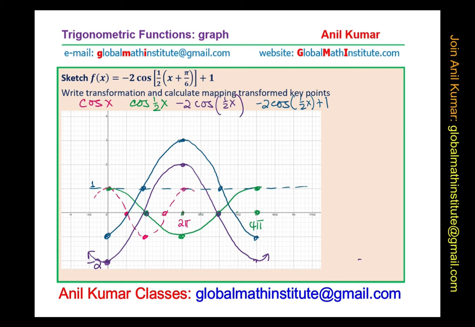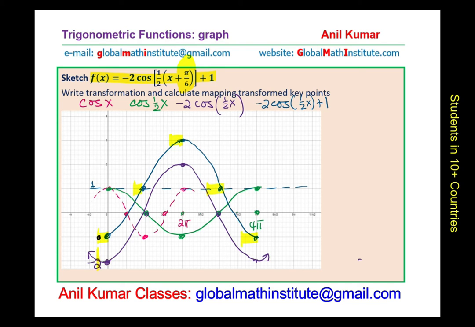Perfect. Now, finally, we'll sketch our final graph, which is the function itself, this particular function. It really means we are moving each point pi by 6 to the left. So this is what we need to incorporate. So pi by 6 is 2 divisions for me. So every point, I'm here, so I'll move it here, right? So pi by 6 to the left. So see, that is how I'm going to move the point and then sketch the graph.